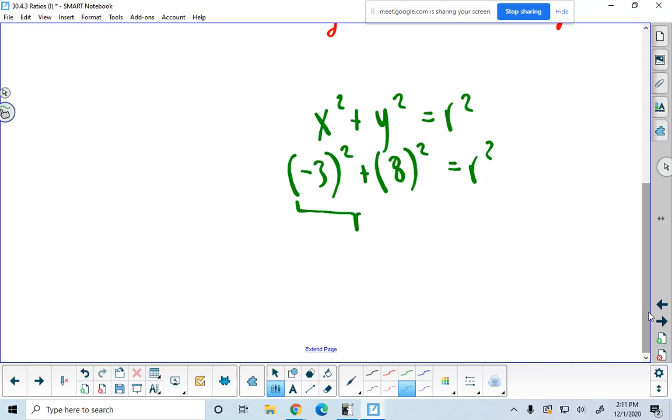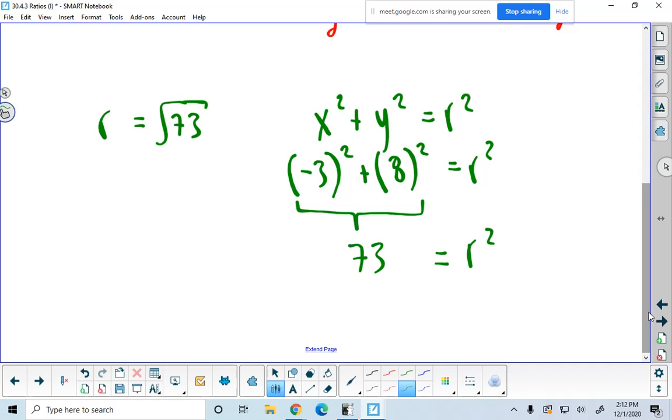Can I get a couple people to, well, you should all be typing this, you should all be calculating it, but I want people to confirm that you get 73. So I get a couple people to type in chat whether you get 73 or not. Other people could just tell me verbally. Okay, so it is 73, good. And I wrote 72 for some reason. It's 73, which means r is root 73. No plus or minus. R is a length of the radius.